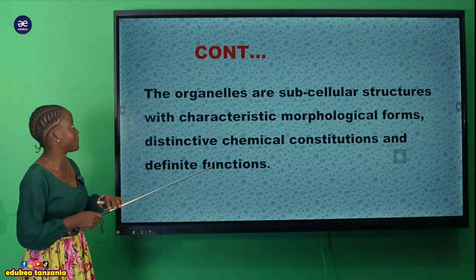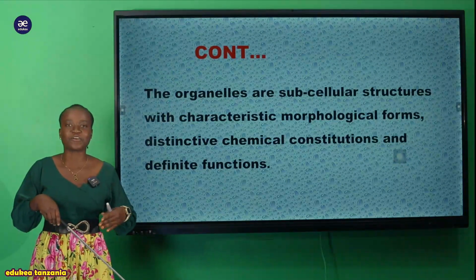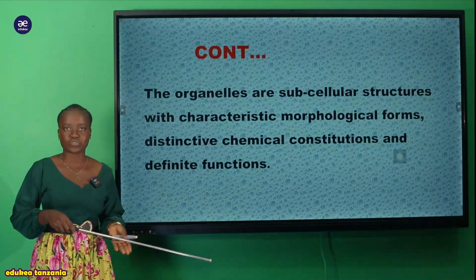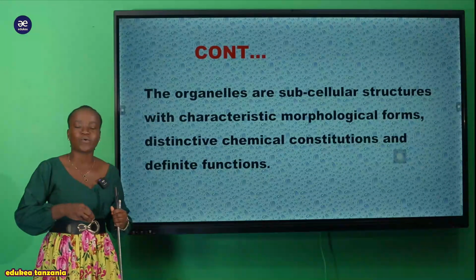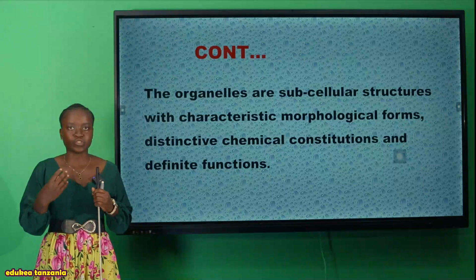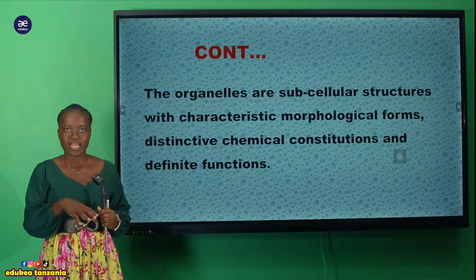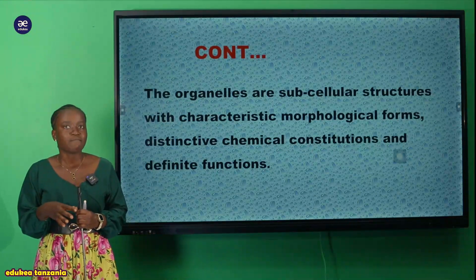Kwa hiyo tumesema kwamba organelle inakuwa na characteristics ya kuwa na morphological form, but also it has distinct chemical constitution. Take an example, we have mitochondria and nucleus. The chemical content in the nucleus is quite different from the chemical constituent in the mitochondria.